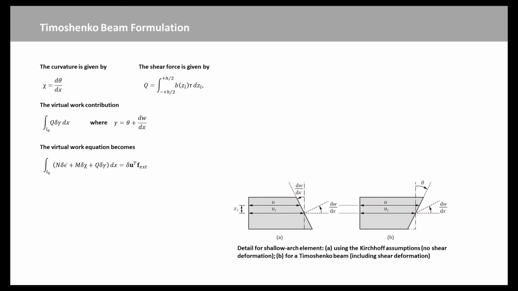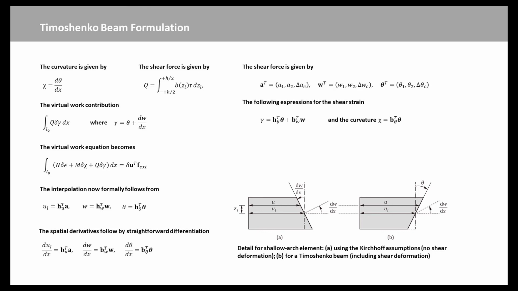The interpretation can be expressed as this equation, and the spatial derivatives follow by straightforward differentiation. Using quadratic hierarchical shape functions for the interpolation of UL, W, and theta gives U equal to H, W equal to H, theta equal to H, with HU as defined previously, and the nodal variables A, W, and theta from the spatial derivatives and the curvature and the shear strain.